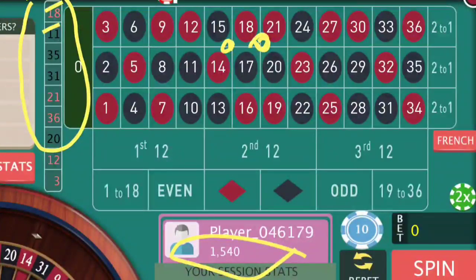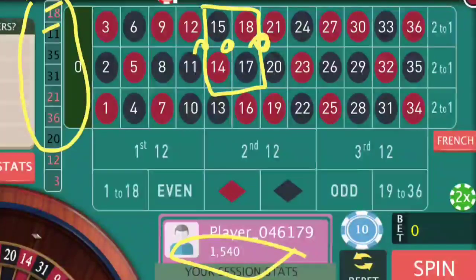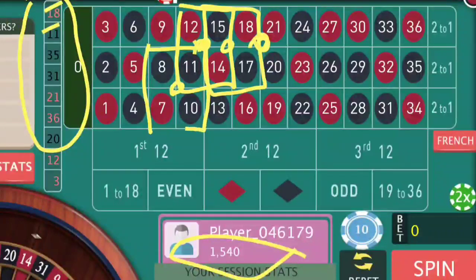Next number is 11. So now I am not going to put the bets here because this section is already covered. And if I put the bets here, then this section will overlap once more. So I will put the bets here, so the numbers don't overlap so much and I will cover 3 new numbers.